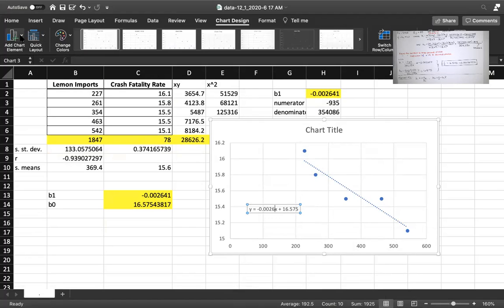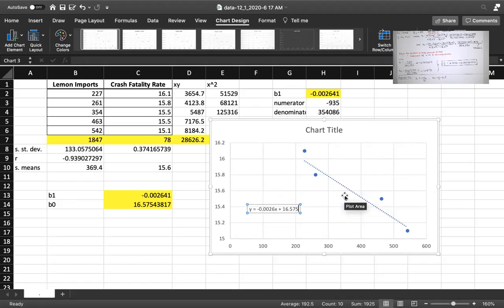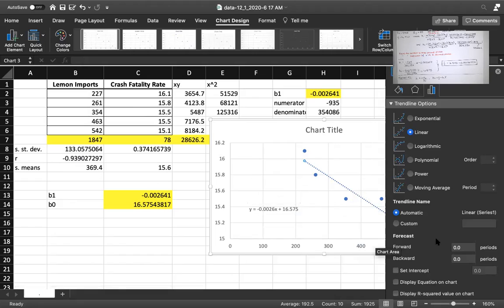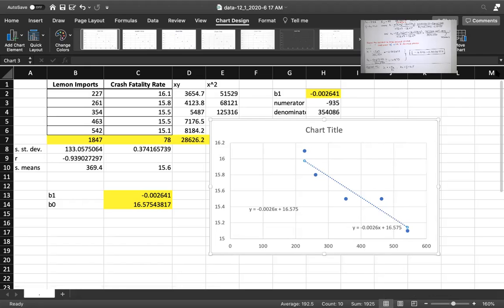I think it's probably also possible to format this trend line so that when it displays the equation, it gives you some options for the number of decimal places, but for some reason I'm not seeing that option on Excel on my computer right now. So that's not good. I'm not really sure how to do that, but I guess we could Google it and figure that out if we wanted to.